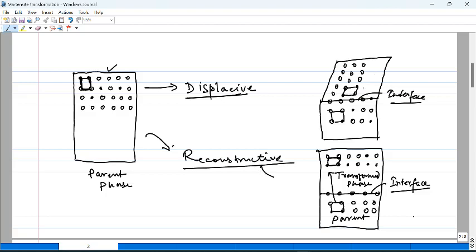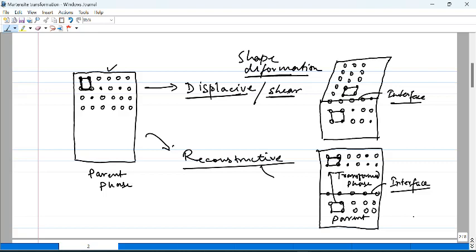Here only by some amount of movement of the atoms along the interface, you could see that a new pattern is getting generated. Okay, but as I said, when that happens, this would lead to some kind of shape deformation. And this is sometimes also referred to as shear mechanism, because this shape deformation that you have can lead to generation of shear in the lattice.